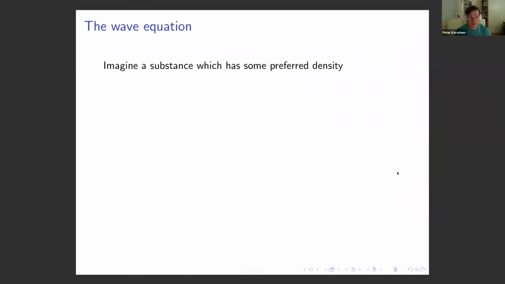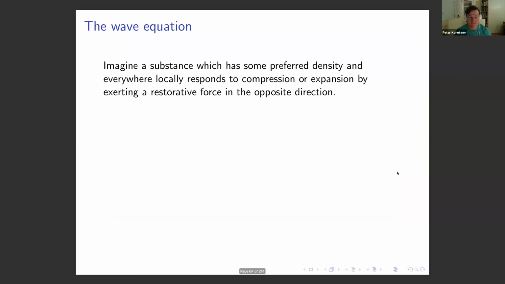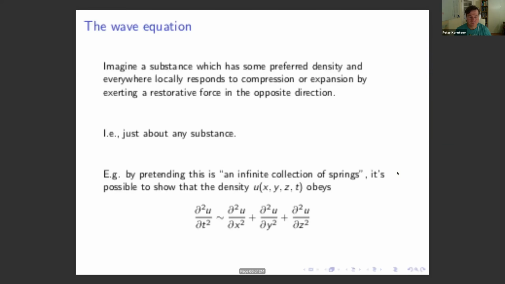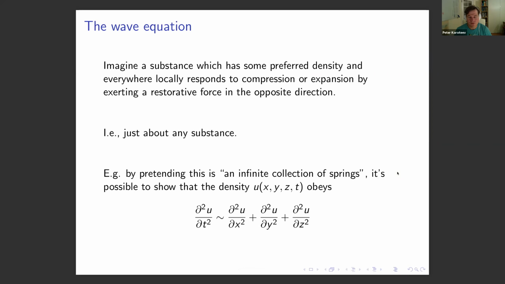So imagine a substance which has some preferred density, and everywhere locally responds to compression or expansion by exerting a force in the opposite direction to kind of equalize the dynamics. And that happens in just about any medium. Water, glue, air, some density, and so on.